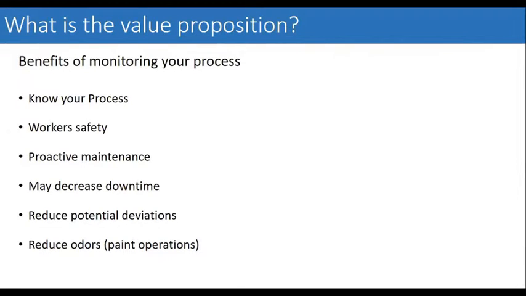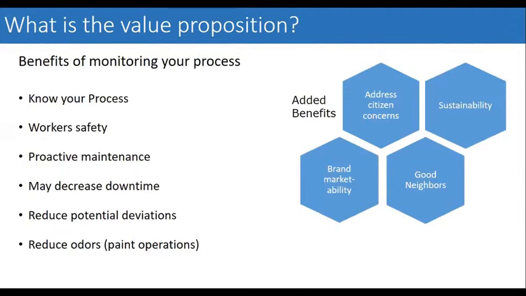And additionally, by identifying your baseline, you'll be able to identify maintenance needs early, so you can reduce unexpected outages or even permit deviations, which can be very costly and time-consuming.